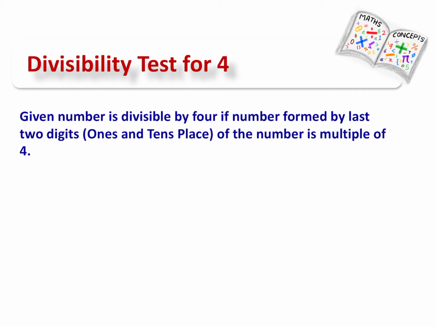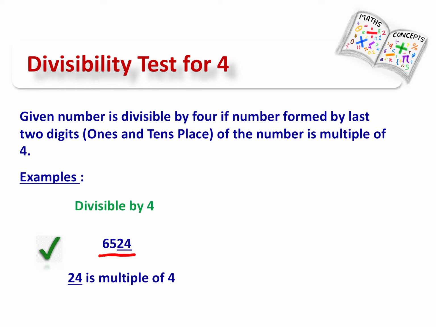Okay, let's check it with example number 6524. The number formed by last two digits is 24, and we know that 24 is multiple of 4. 4 sixes are 24, right? And that's why we can see that 6524 is divisible by 4.